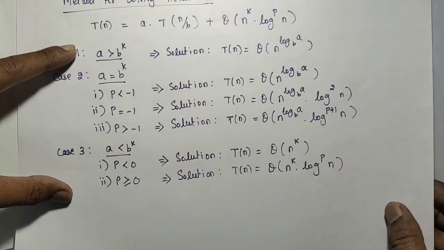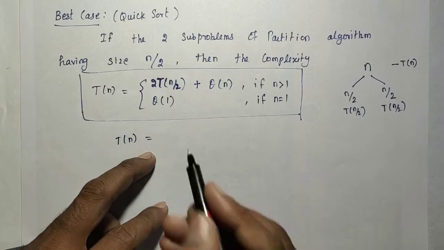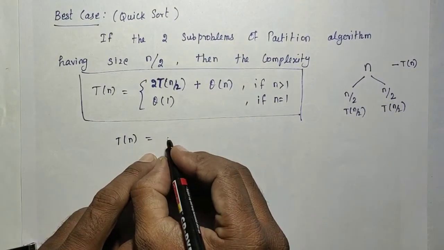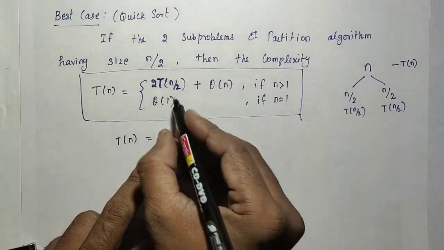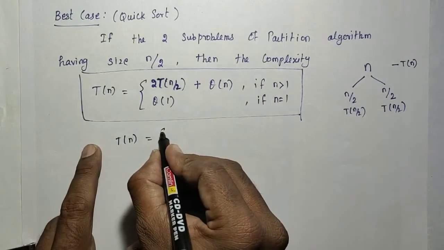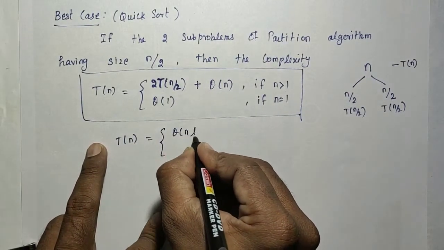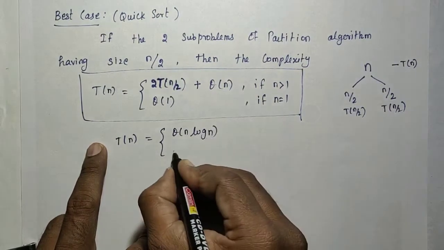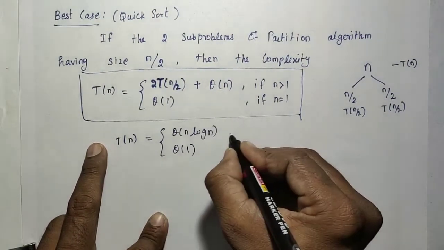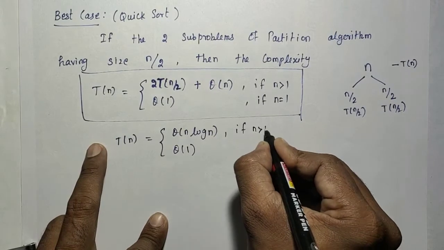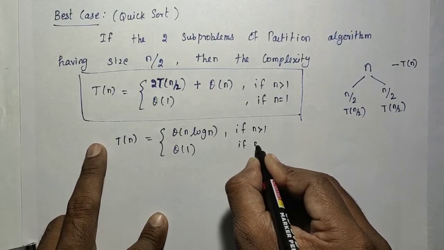After that, if you identify the case and find the solution, this is theta of n log n, and theta of 1 if n equals 1.